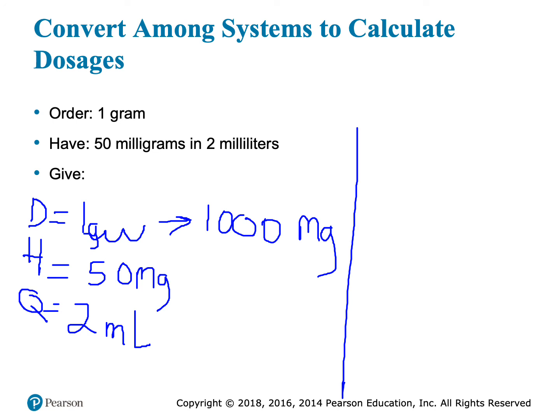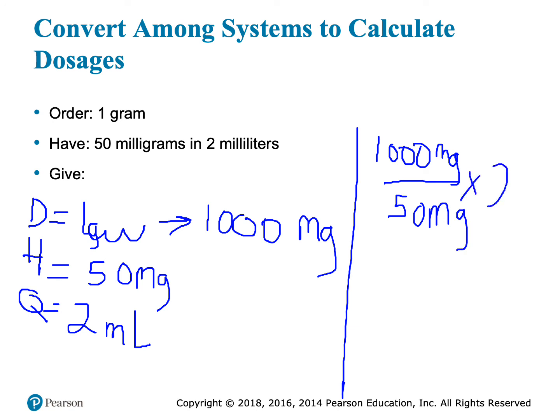So remember our equation is D over H times Q equals X. So the D is 1,000, the H is 50 milligrams, and that is going to be times our quantity, which is 2 mLs.